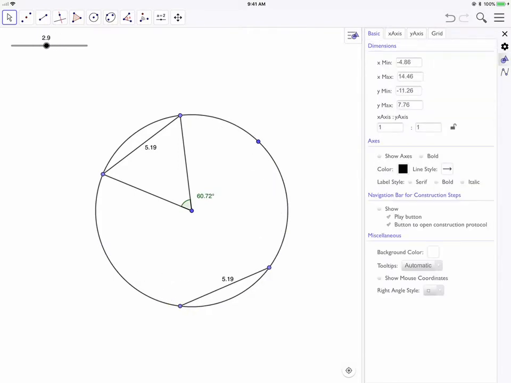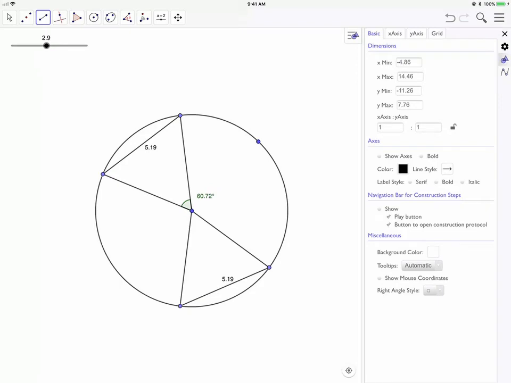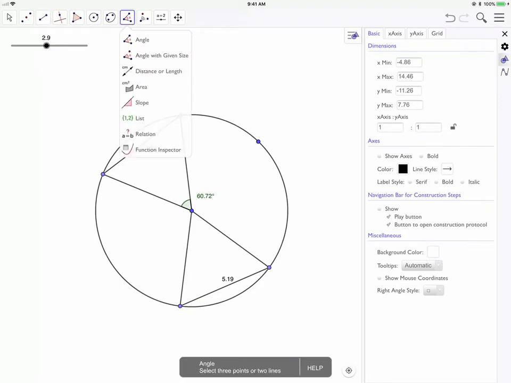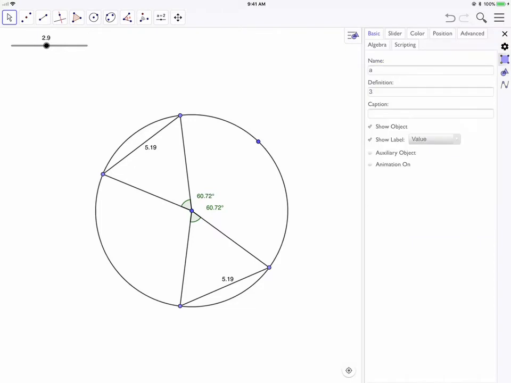Now, if we draw in the central angle formed from that chord and measure it, we can see it's the same measurement. It's the same degrees. And again, it's because of that symmetry, right? There's rotational symmetry here in a circle, and it has 360 degrees.